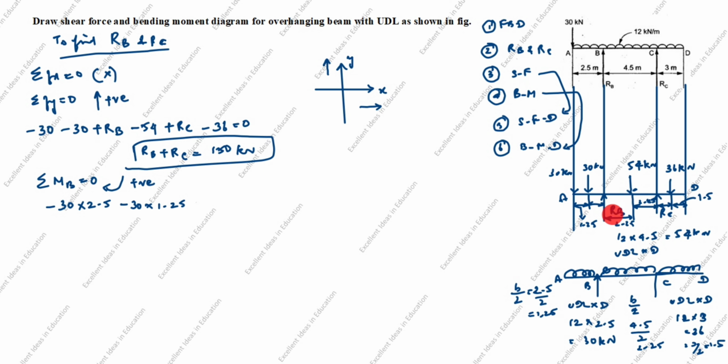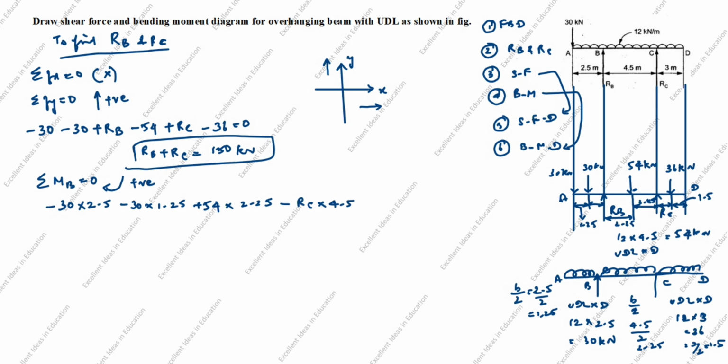Clockwise is positive. Plus 54 into perpendicular distance from here to here, 2.25. Next, you see this arrow goes up from here to here. This is anti-clockwise. Anti-clockwise is negative. Perpendicular distance is 4.5, minus RC into 4.5.